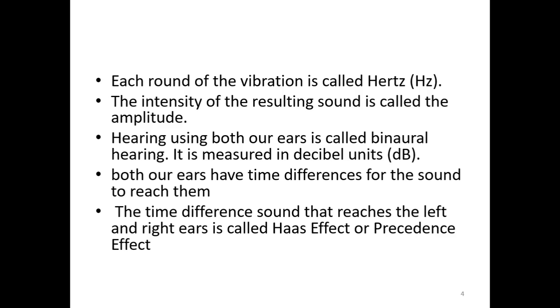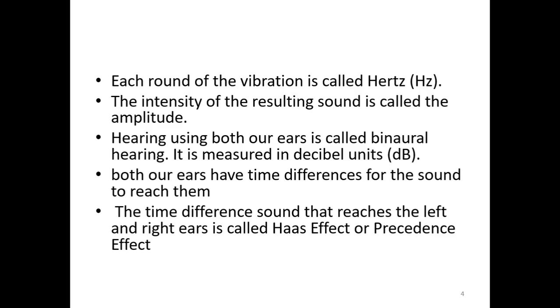When hearing using both our ears, it's called binaural, because we hear with two ears, and it is measured in decibel units, dB. Both our ears have time differences for the sound to reach them.